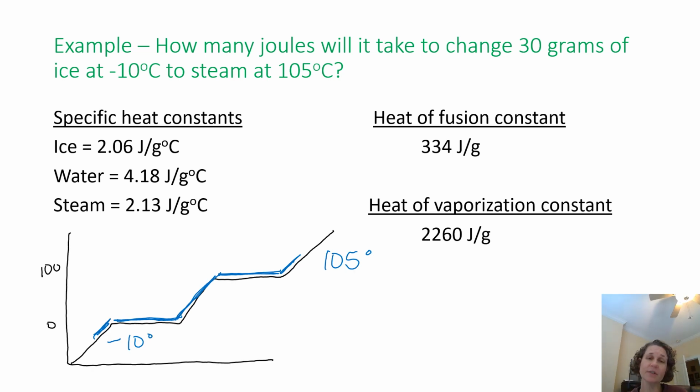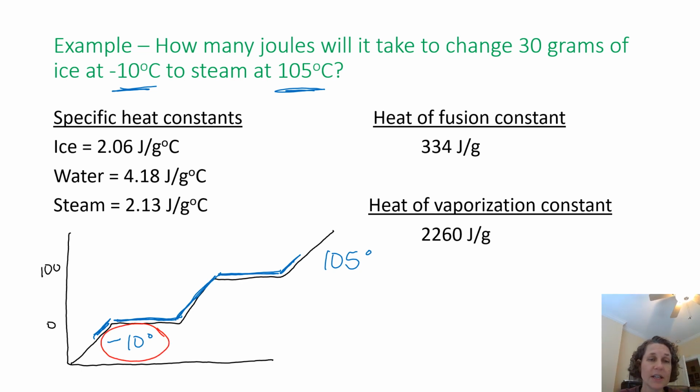Okay, so first things first, I would always start with drawing the diagram and basically tracing where the temperature changes, or what is between the two temperature changes. So we're going from -10 to 105 degrees Celsius. So we're down here at the bottom of this graph.